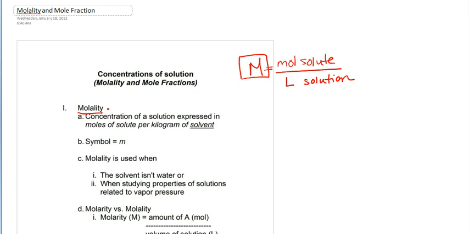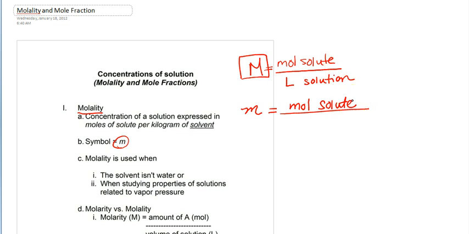So for molality, we use a little m, and I make it a little cursive so you don't confuse it with meter, but it is just a lowercase m. It is the concentration of a solution in moles of solute, which is very similar to what we've already looked at.